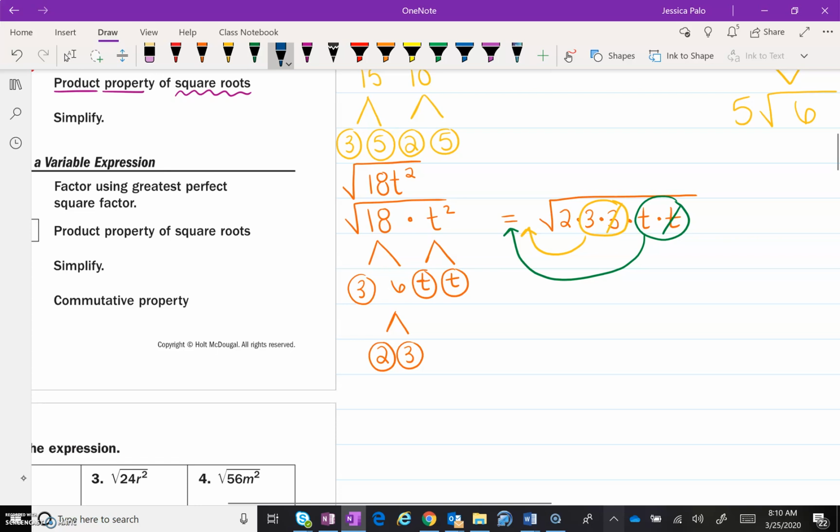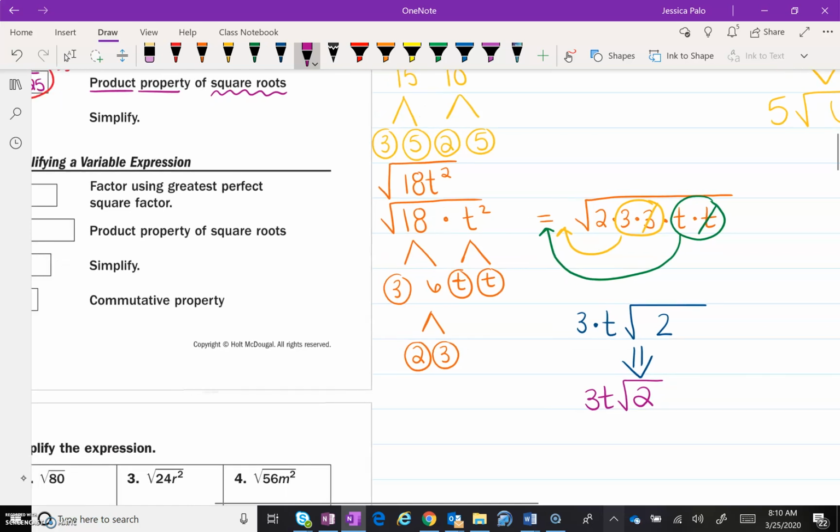So we are eventually left with 3 times t on the outside with a 2 left on the inside, which gives us a final answer of 3t radical 2.